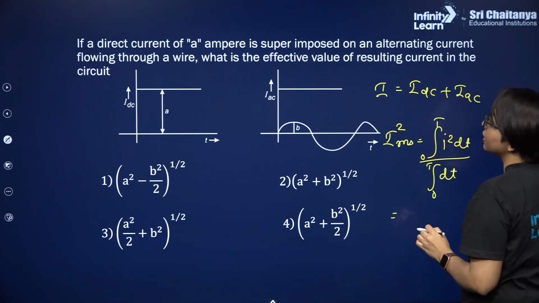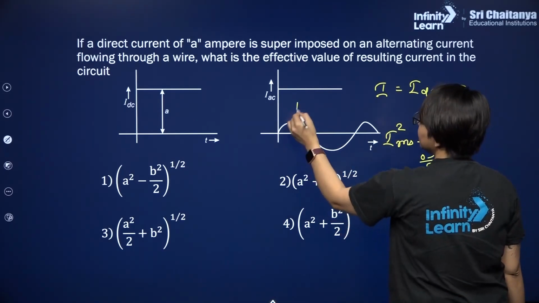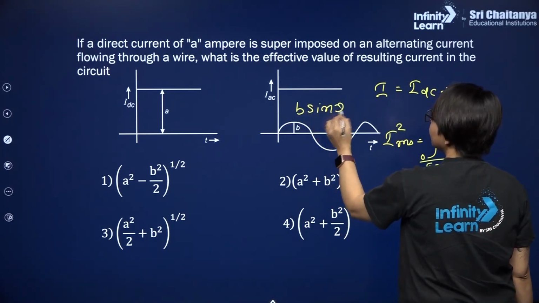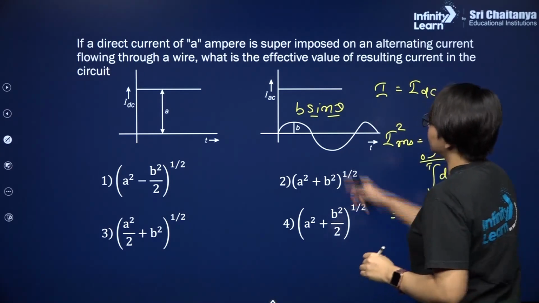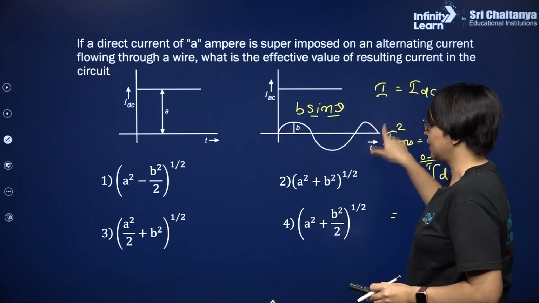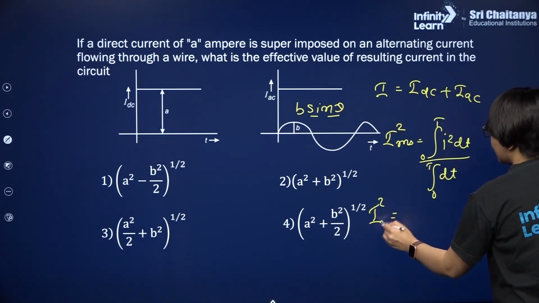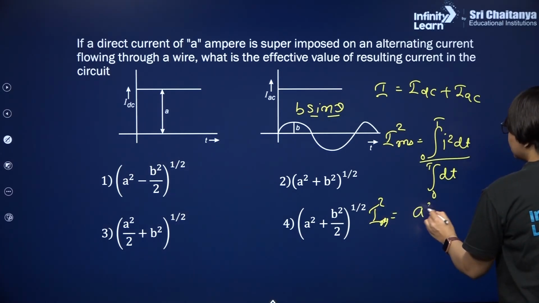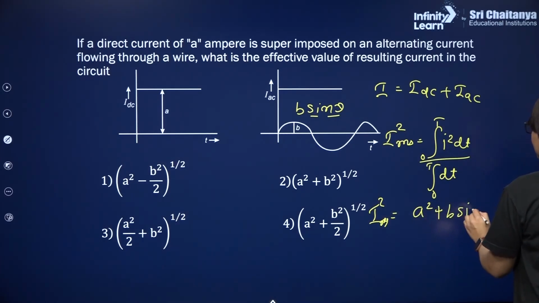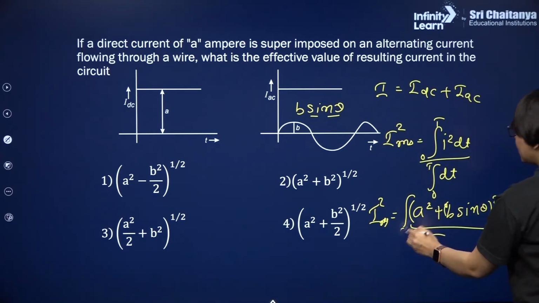So over here it will be A plus, this is what? This is B sine theta, okay, right. So this IAC is in the format of B sine theta because amplitude is B and this is of sine curve. So over here you can write I square RMS as integration of (A plus B sine theta) whole square dt divided by integration dt from 0 to T, which will be T, right.